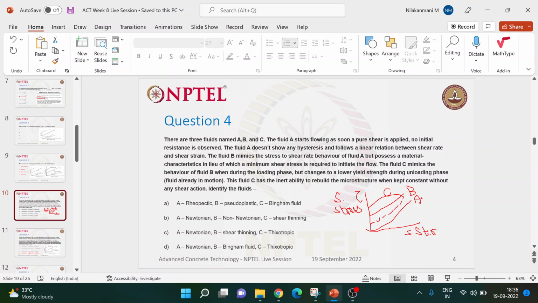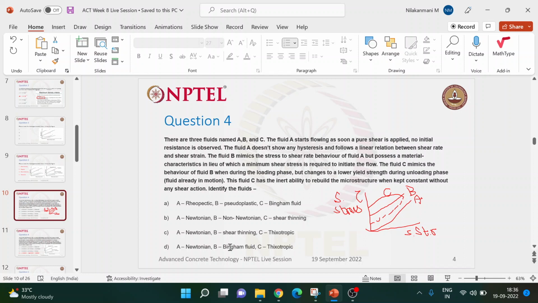So first, A is Newtonian, that is confirmed. Then B is non-Newtonian, and if you see option D, it is Bingham fluid. Rheopectic, thixotropic, all these are non-Newtonian. Except Newtonian, everything is non-Newtonian. But if you have to pick the right answer, option D will be more appropriate.